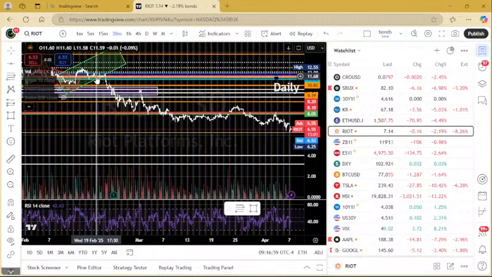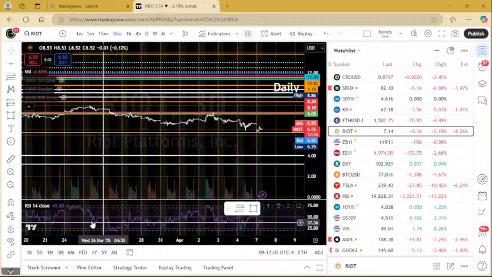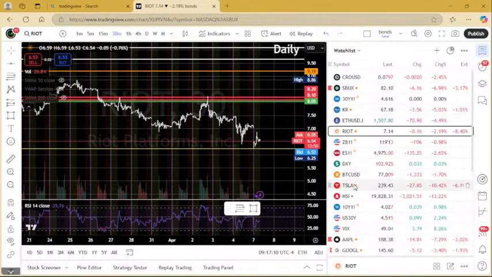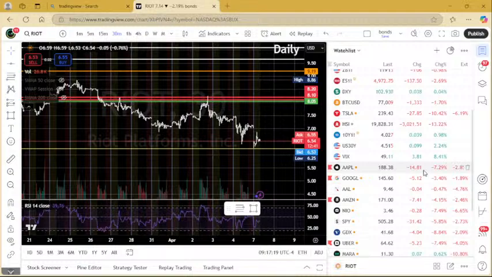It's half of what it was less than 2 months ago. It's half the price. Everything's on sale. Everything will make you money in the long term right now. Tesla's down 10%, got 27 points. Apple 14 points.